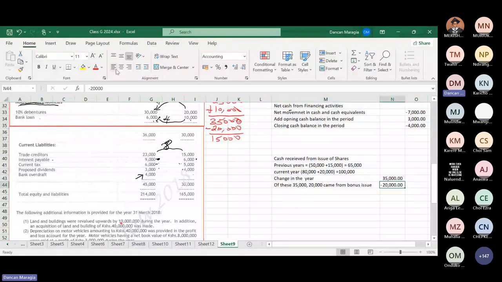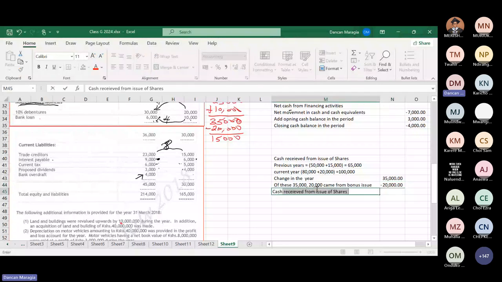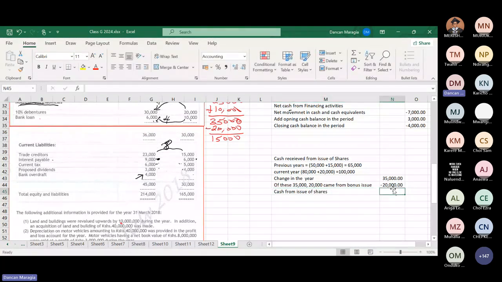So it means the cash from issue of shares was how much in the period? Because of the increase, some of it we have seen is from bonus shares. So what came from issue of cash of shares, cash from issue of maybe rights or new shares? You get 15 million.